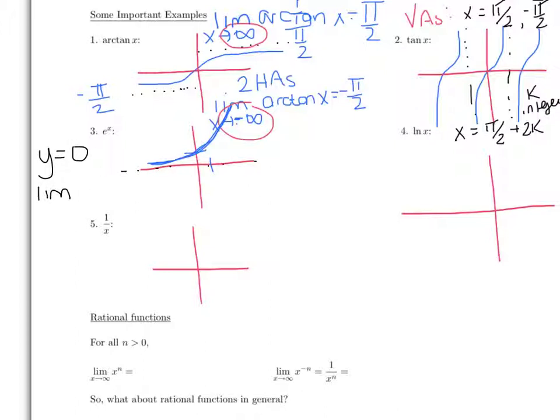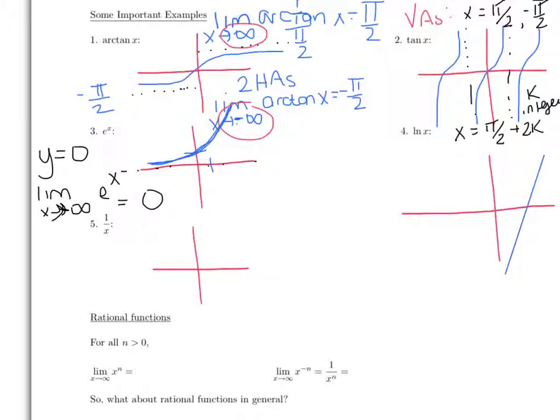So you take the limit as x goes to infinity, you'll get, of e to the x, negative infinity, sorry, you'll get 0. As x goes to negative infinity, you'll get a 0, which is why you get a horizontal asymptote right there at y equals 0.